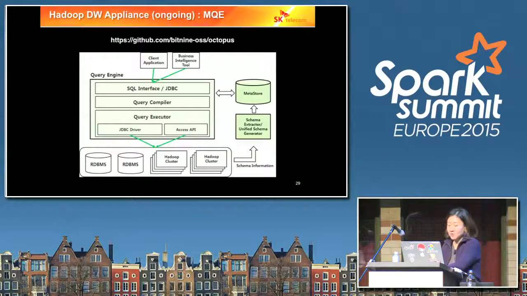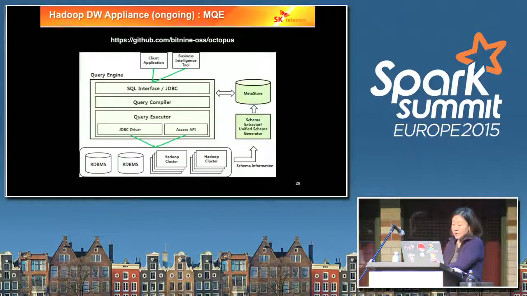This chapter shows the Octopus architecture. It supports SQL interface and JDBC interface. We use Apache Metamodel for schema and data source management, and Calcite for query planning and execution framework.